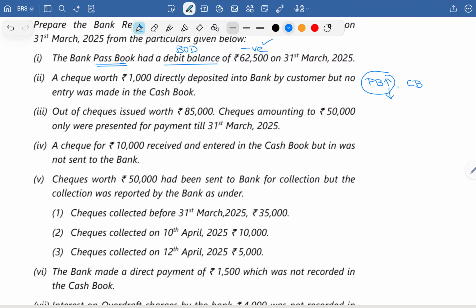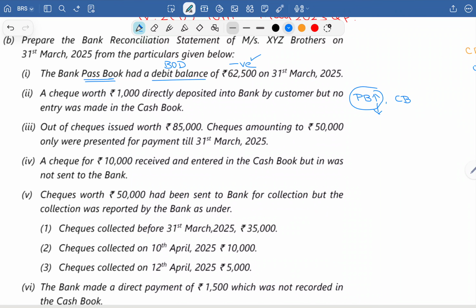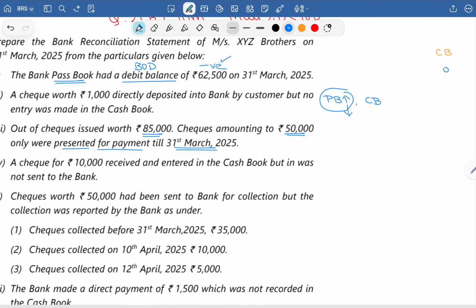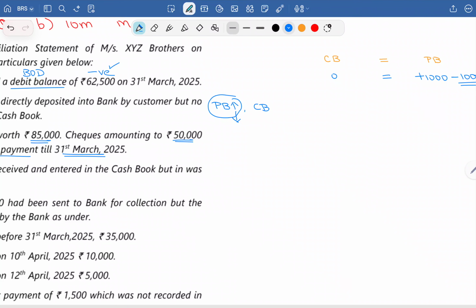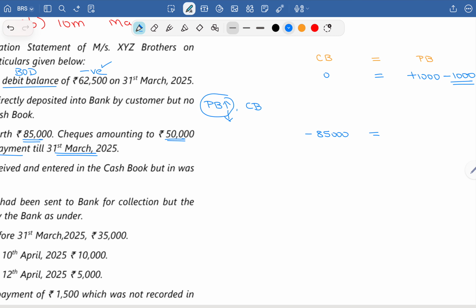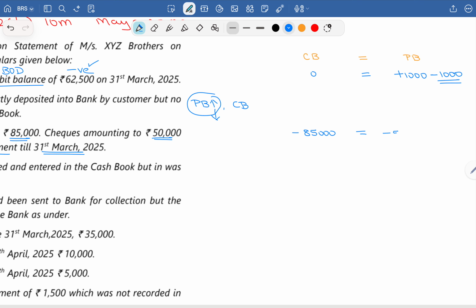Point number 3, out of checks issued rupees 85,000, checks amounting to rupees 50,000 only were presented for payment till 31st March 2025. What does it mean? Whenever I issue the check, my cash book balance has decreased by 85,000, but my passbook balance has decreased only by 50,000. Till now, 35,000 rupees check holders have not yet come to my bank for payment.